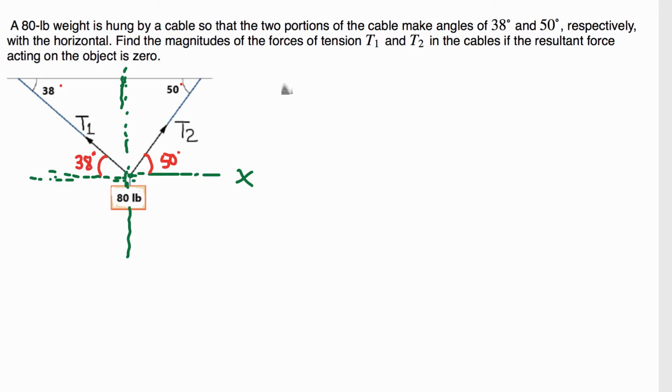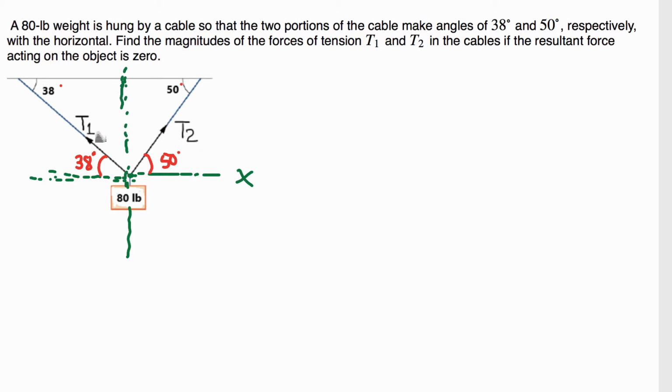Now for T1, this will be the horizontal component and vertical component. For T2, this is the horizontal and vertical, and we know that the horizontal component is given by cosine of the angle and the vertical component is given by sine of the angle.